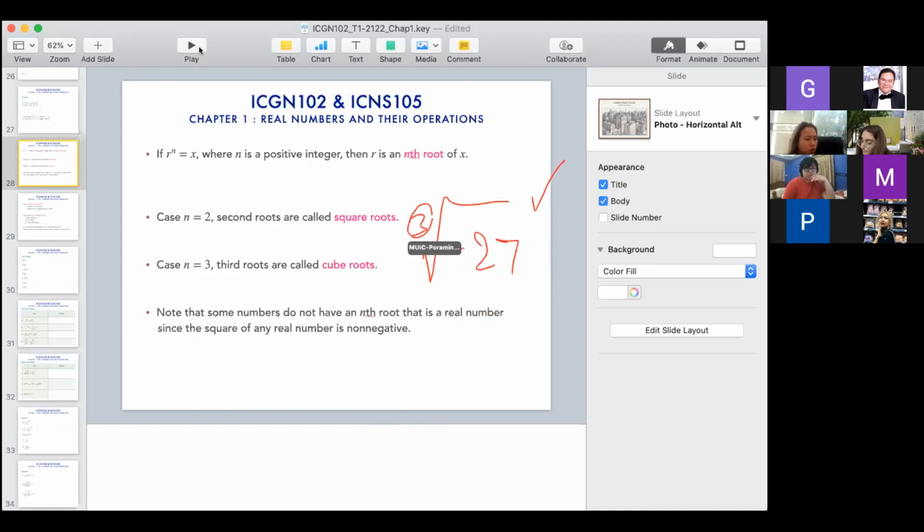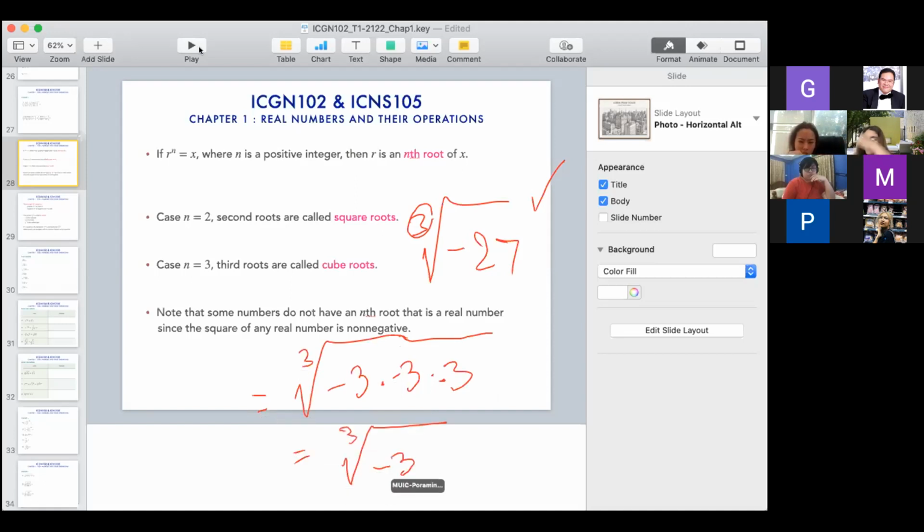So the cube root of negative 27 equals negative 3 times negative 3 times negative 3, which is equivalent to the cube root of negative 3 to the power of 3, or negative 3 cubed. When you solve, you get negative 3 as the answer of this cube root.